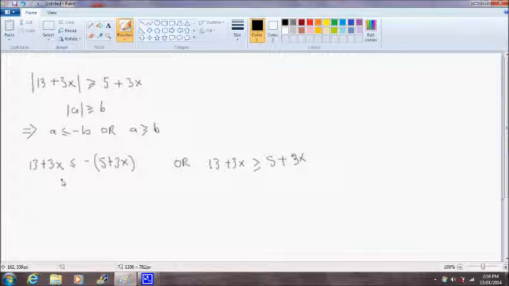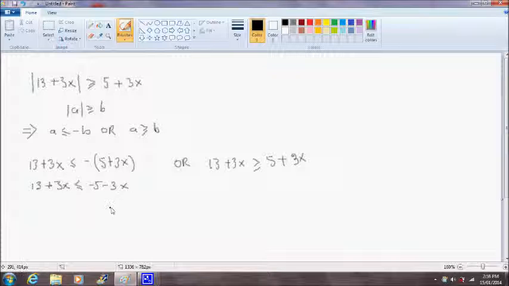Alright, so I'm going to work through the first scenario here. And first thing we do is to expand the brackets. So we will have 13 plus 3x is less than or equal to negative 5 minus 3x.